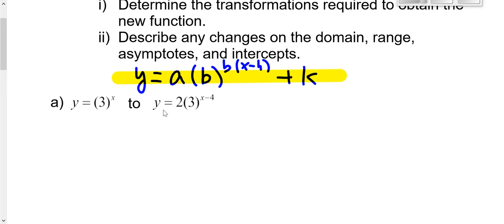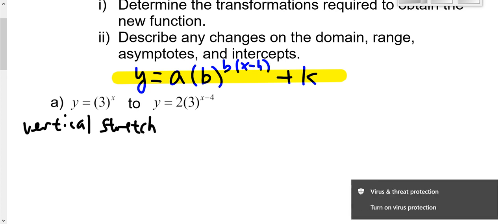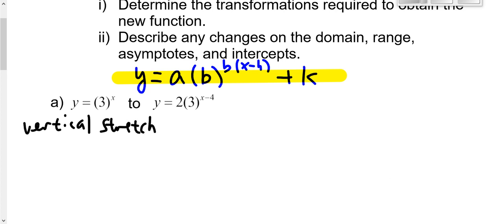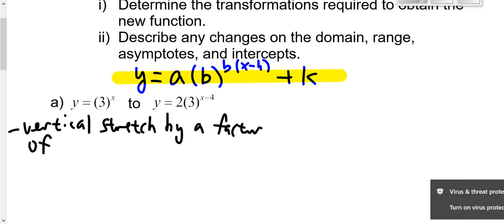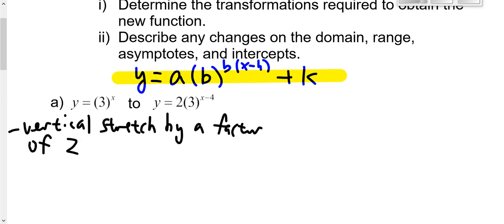So first thing is vertical stretch by a factor of 2 above the x-axis. Okay, that's one thing.